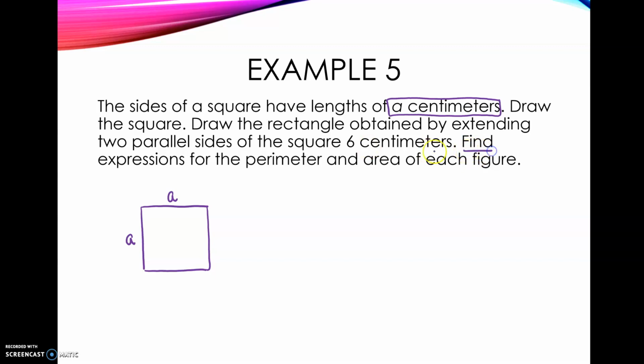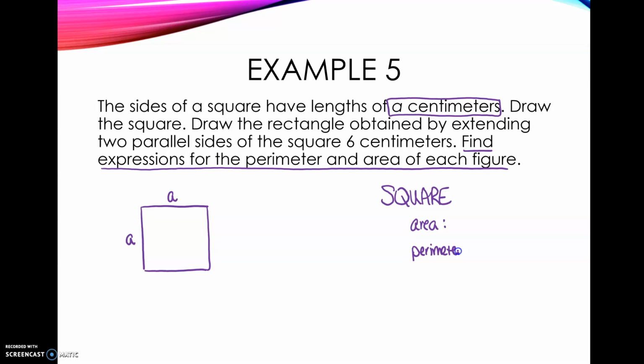Find expressions for the perimeter and area of each figure. They want us to extend this into a rectangle, but ultimately we need to, in the square, find an expression for the area and an expression for the perimeter. So let's do that for the square first.